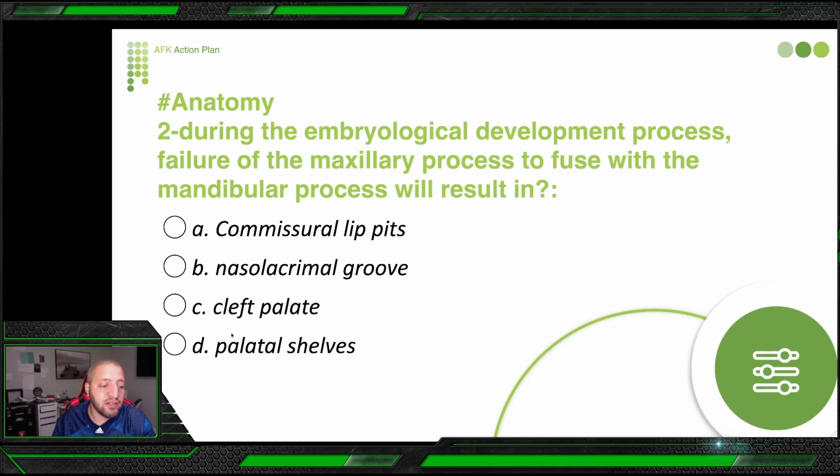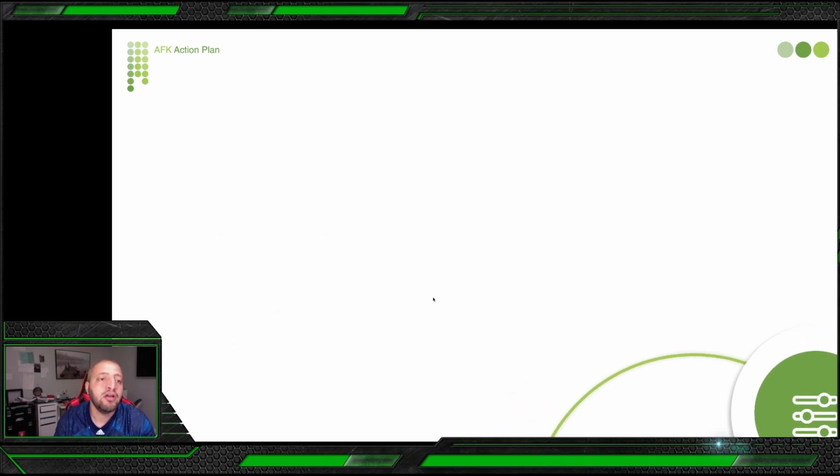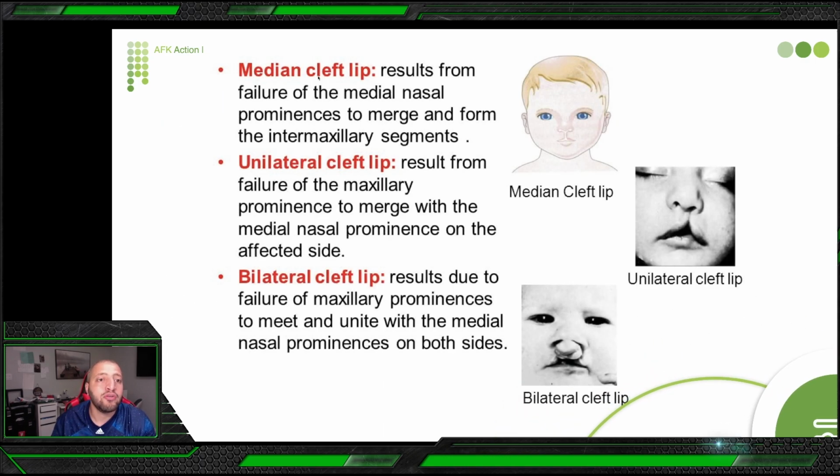And then there are other options here. Let me give you a beautiful diagram. We'll wrap it up for you. Median cleft lip, which is here, results from a failure of the medial nasal prominences to merge and form the intermaxillary segment. So if a failure happens between the medial nasal processes on the right side and left side, it will lead to median cleft lip in the philtrum here.